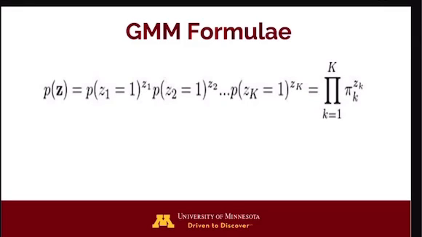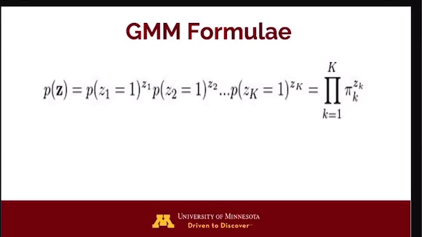What am I showing you on the board right now? I want to believe every crime incident is going to be represented as Z1, Z2, up to ZK. Why am I stopping at ZK? Because I want to consider K number of clusters.